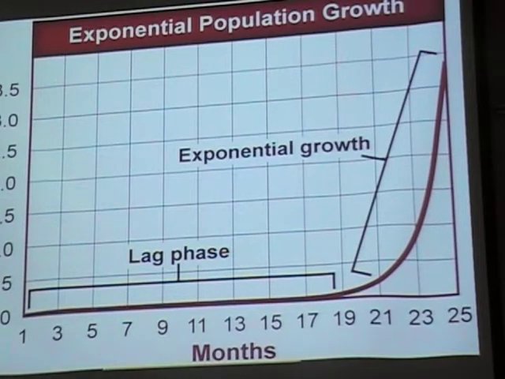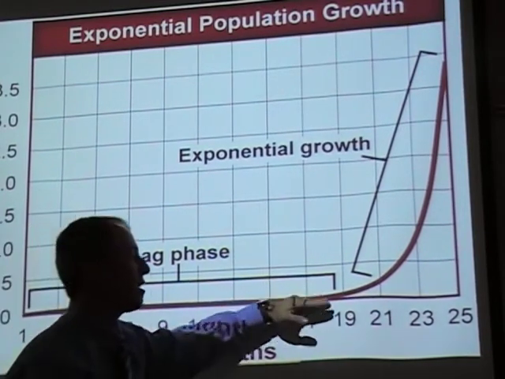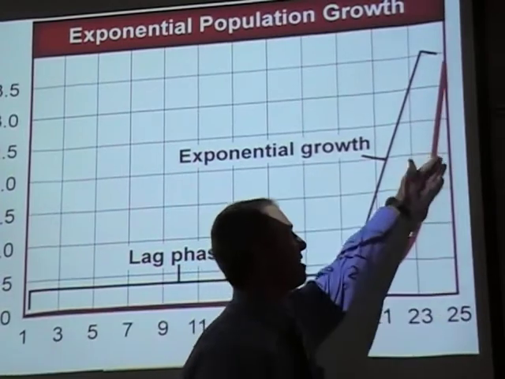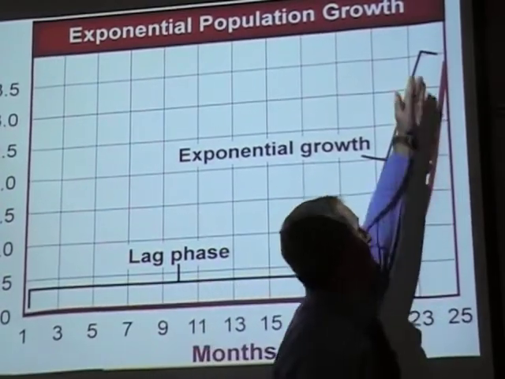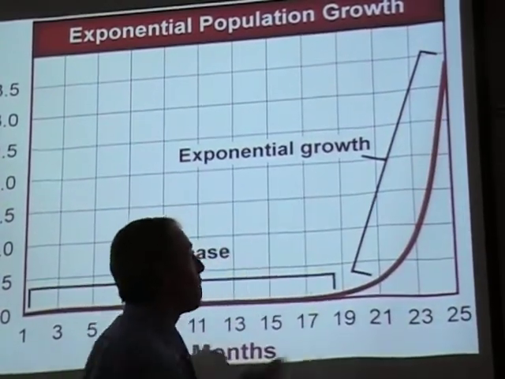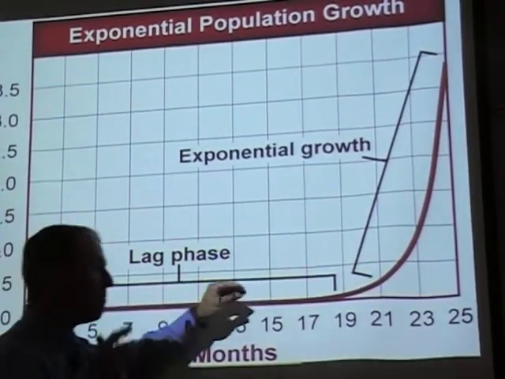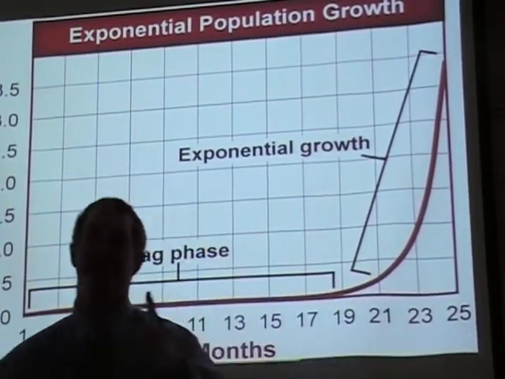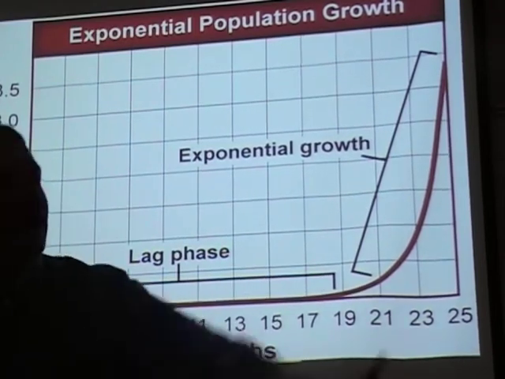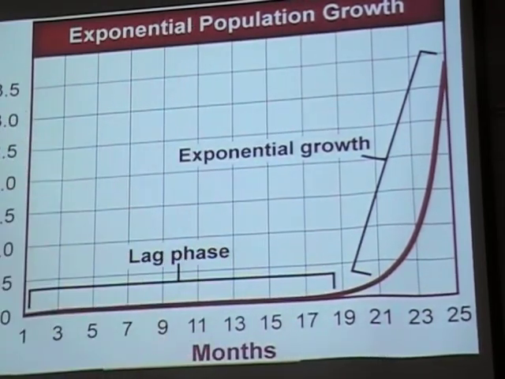If you were to graph this, it would look just like this. 2,048, 4,096, 8,192, 16,384, 32,000, 64,000, 128,000. You're going up dramatically. It starts low, but because of the numbers, this is called exponential growth, you'll get a huge upward swing in the numbers of a population. So you can get a dramatic increase.